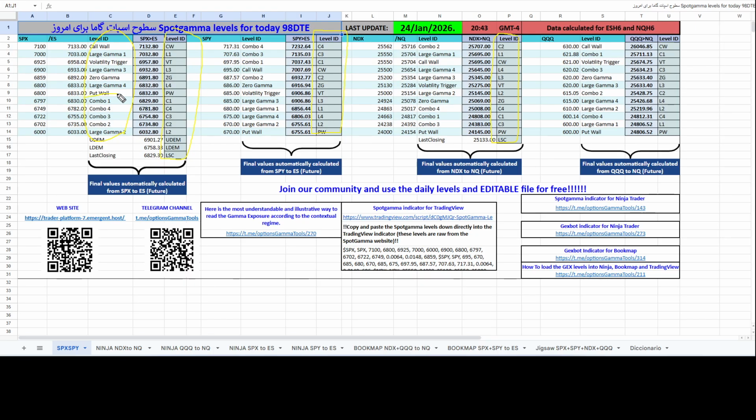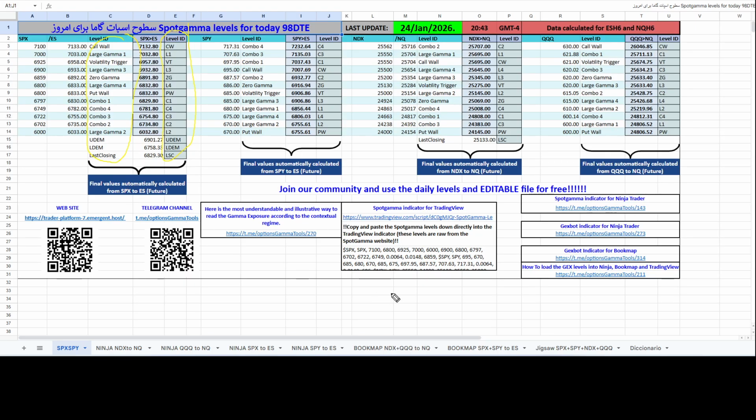It's the same names, only that I write large gamma 4 as L4, and combo 2 and C2 are the same. It's more practical for me to show the level ID in NinjaTrader than the full name.